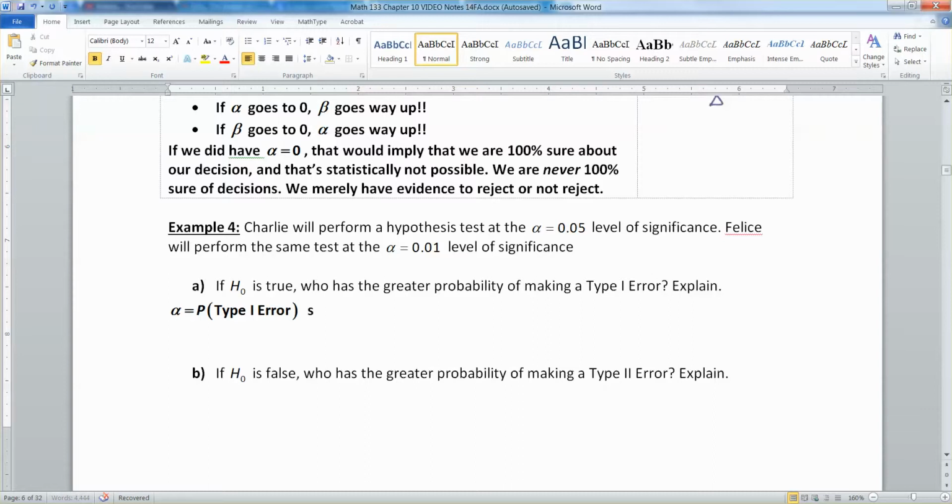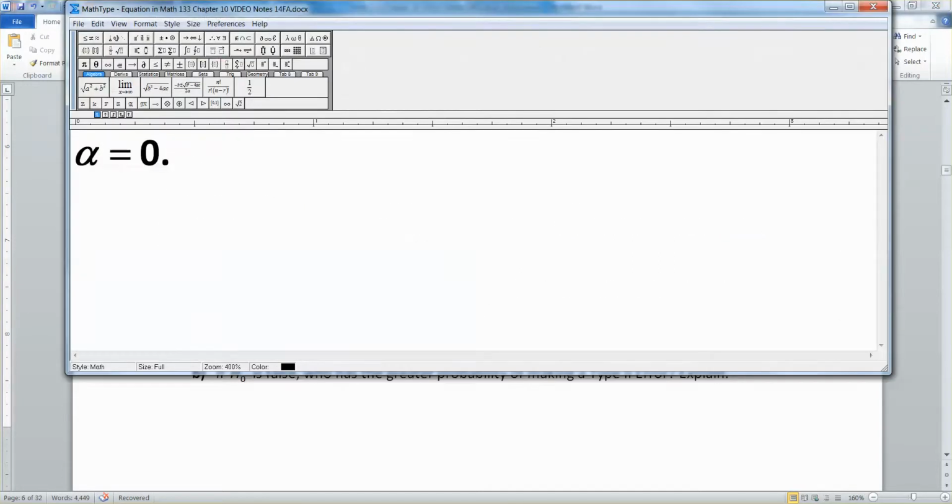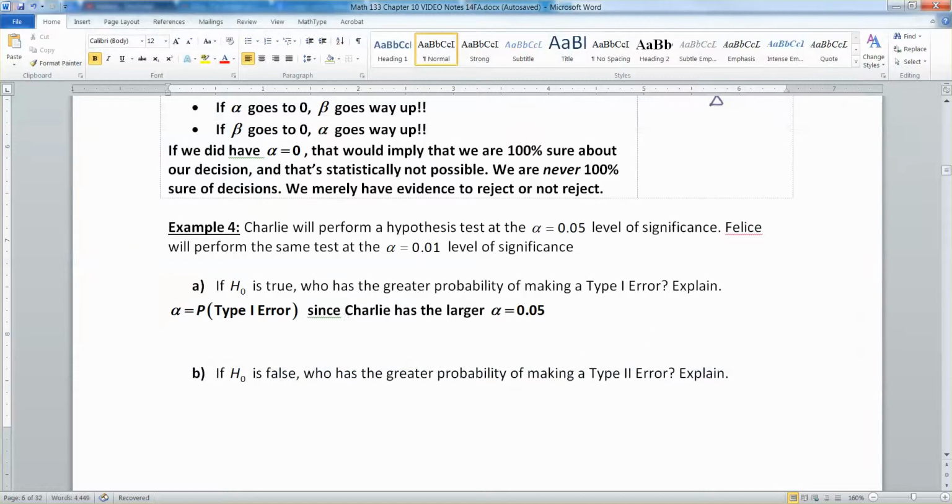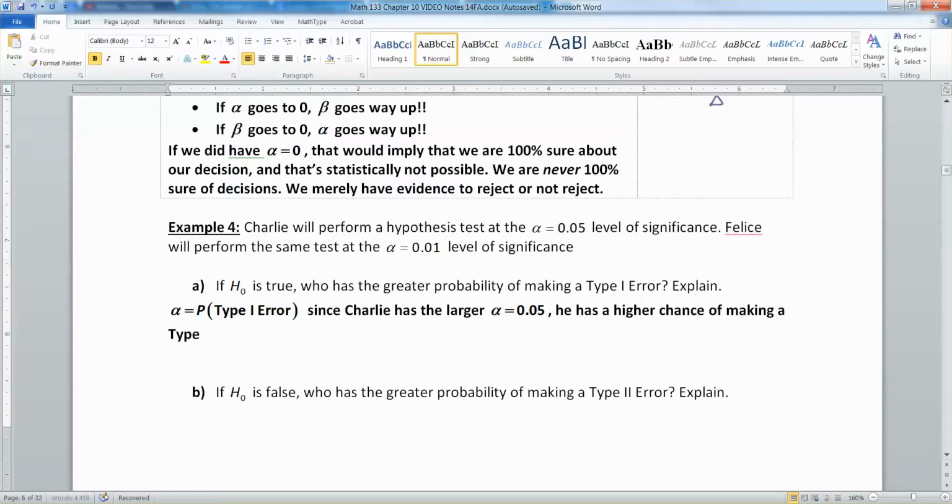So since Charlie has the larger alpha, which is 0.05, he has a higher chance of making a type 1 error.